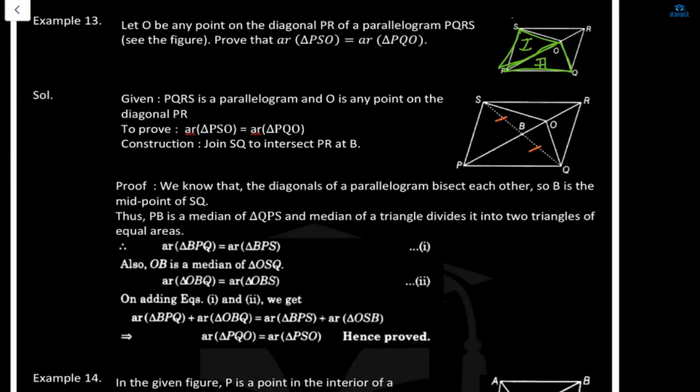Now the area of triangle PSB will be equal to this triangle's area. Similarly, this triangle area will be equal to this one. If we add these, we get the whole area equal to this, so this area is equal to this area. Understood now? You'll have to form the equation.